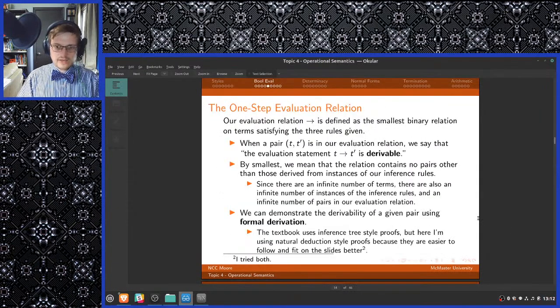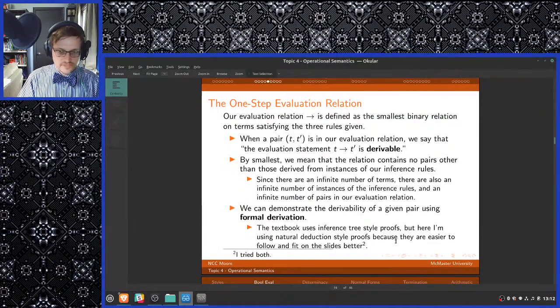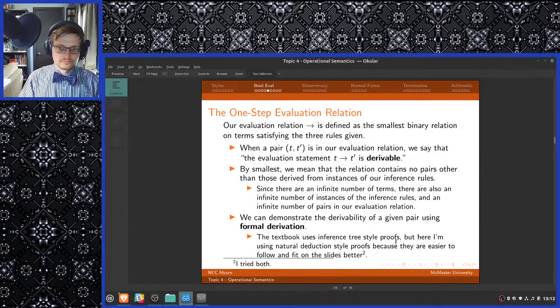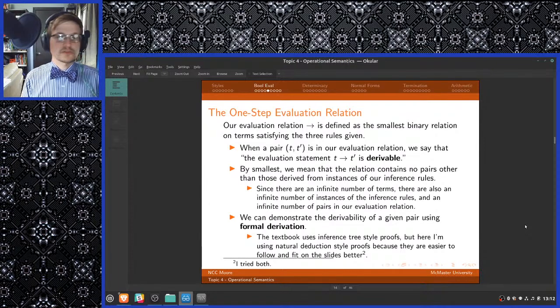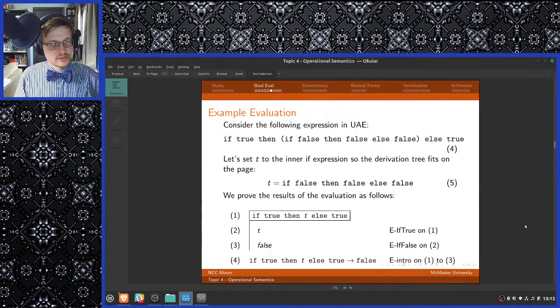In our case, we're going to be using deductive style proofs because they fit better on the slide. But you guys were hassling me about giving you traditional proofs where you were expecting formal proofs. So here are some actual formal proofs in the Dr. Farmer sense. Now that we have a set of terms defined and a set of rules defined, that functions as a deductive system, right?